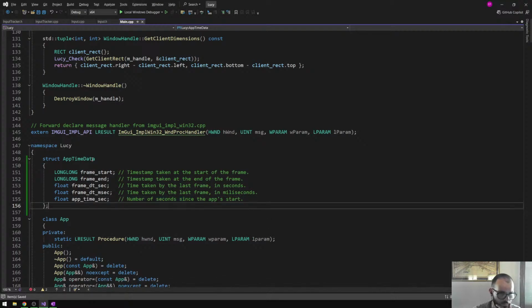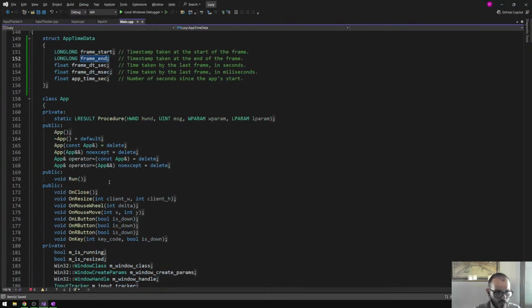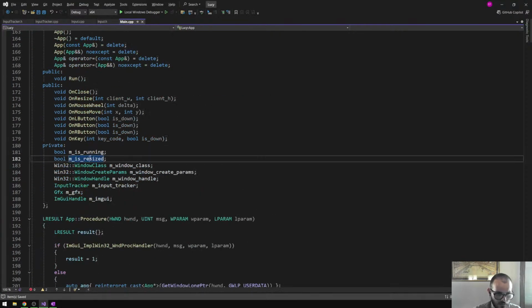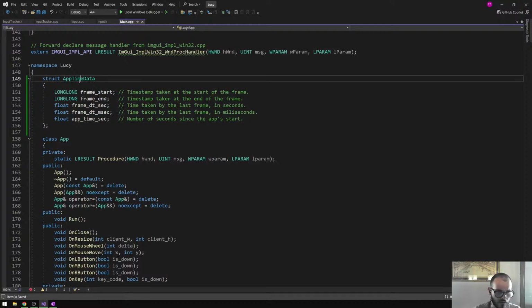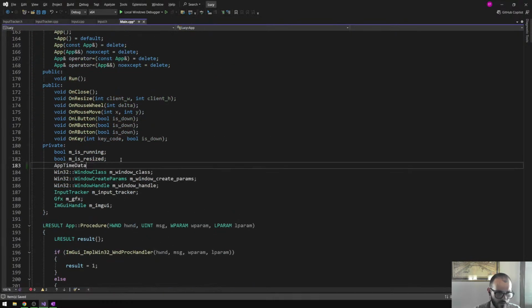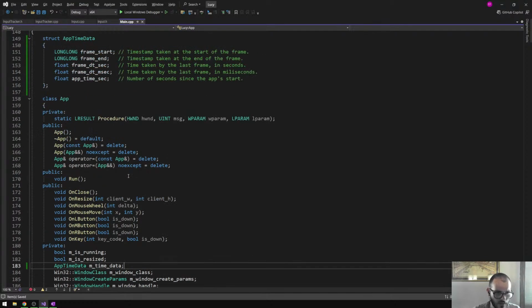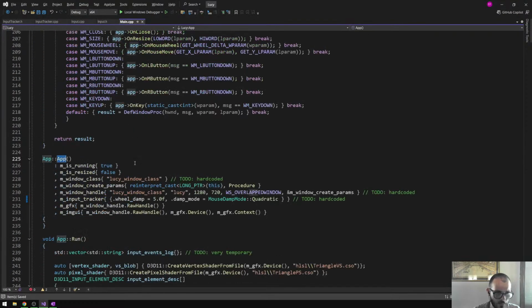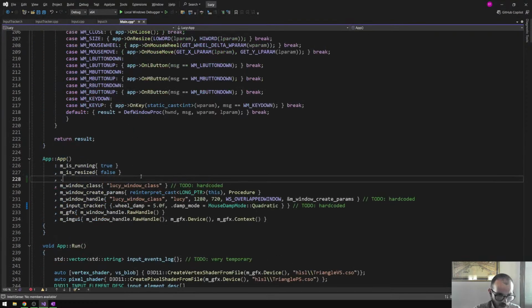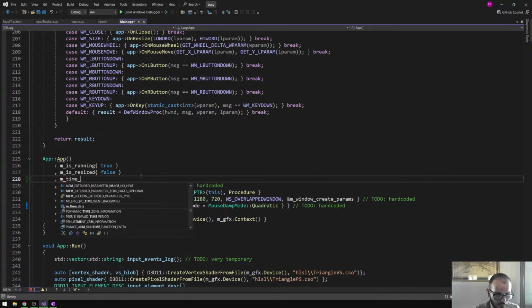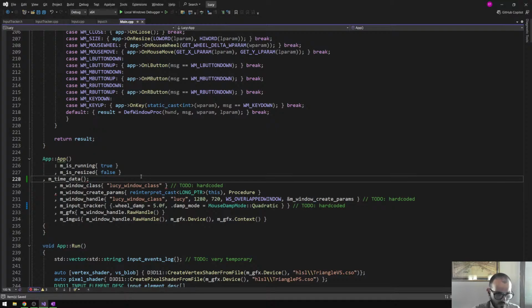Fantastic. So uptime data is initialized here. Let's call it m time data, in the app, say m time data.